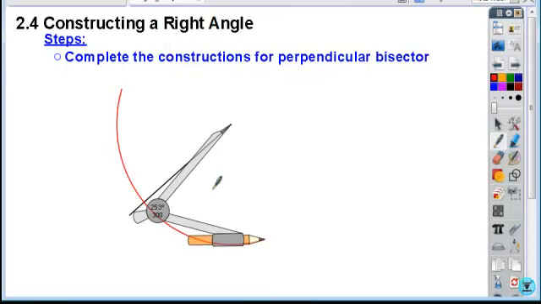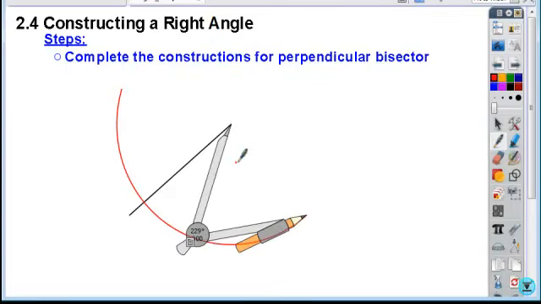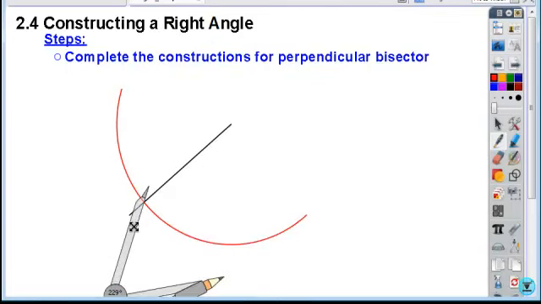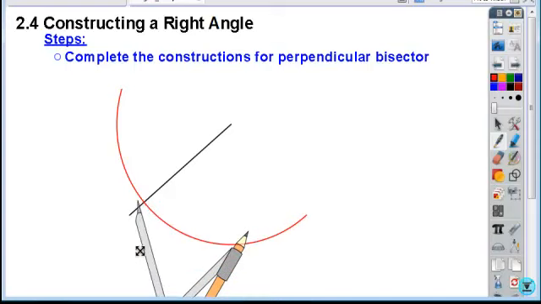You're going to construct an arc. And again, you can take it almost to 180 degrees, or a semicircle, to ensure that you're going to find an arc intersection on top and the bottom.